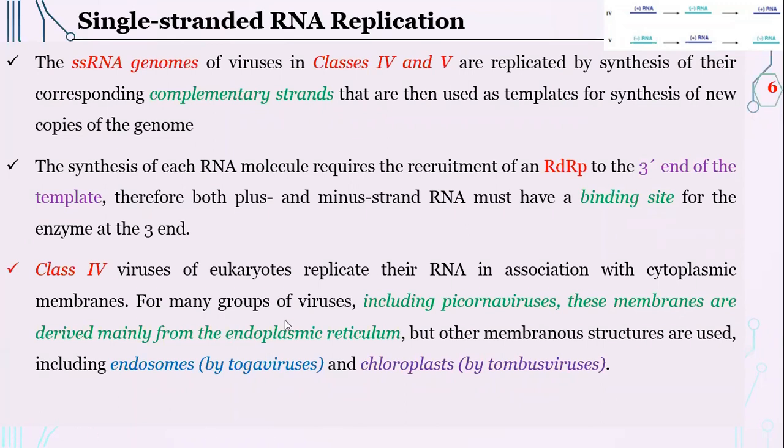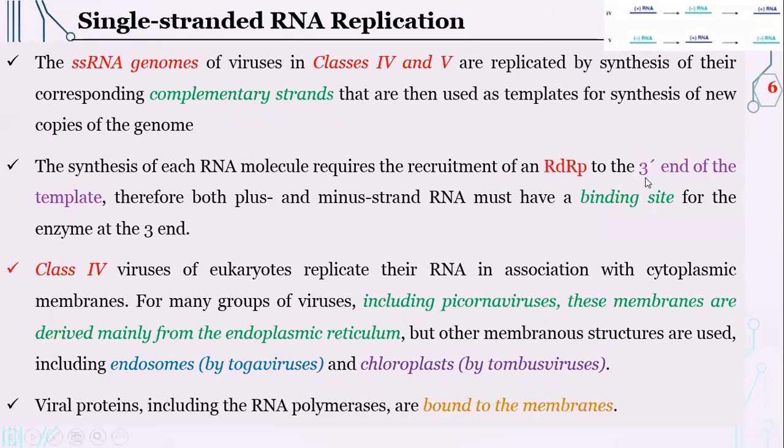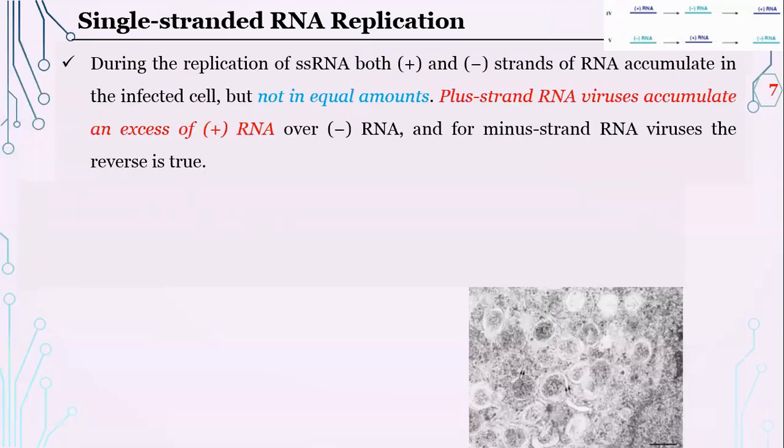Okay, so proceeding further, viral proteins including RNA polymerases are bound to these membranes. So these viral proteins will also associate themselves with these cell-derived membranes. And if you can see, during the replication of single-stranded RNA, both plus and minus strands of RNA accumulate in the infected cells.